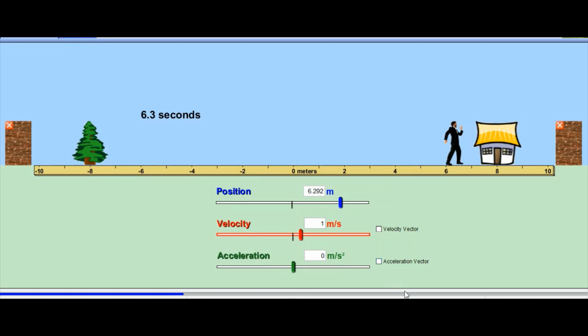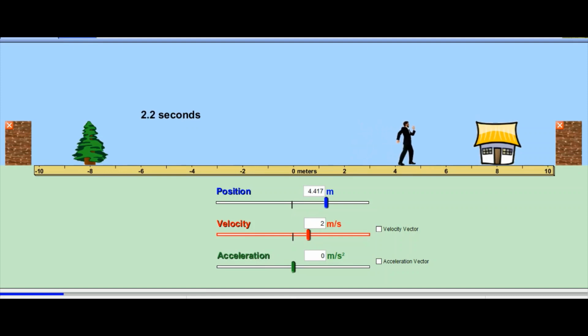So what if the speed of this man is 2 meters per second? The speed of this man is 2 meters per second. Now it moves faster and it changes its position by 2 meters in every 1 second. Just like this one.